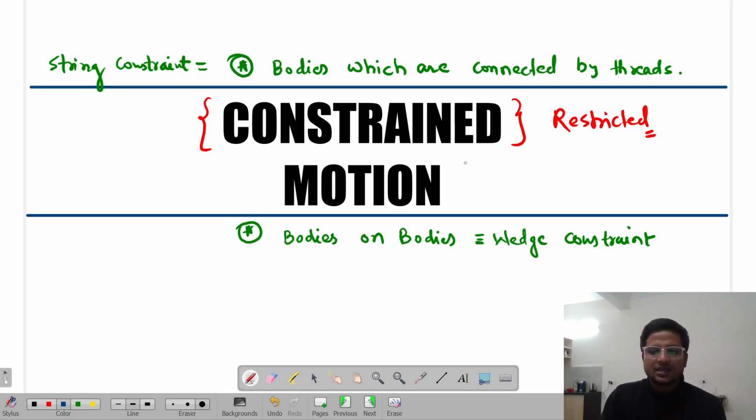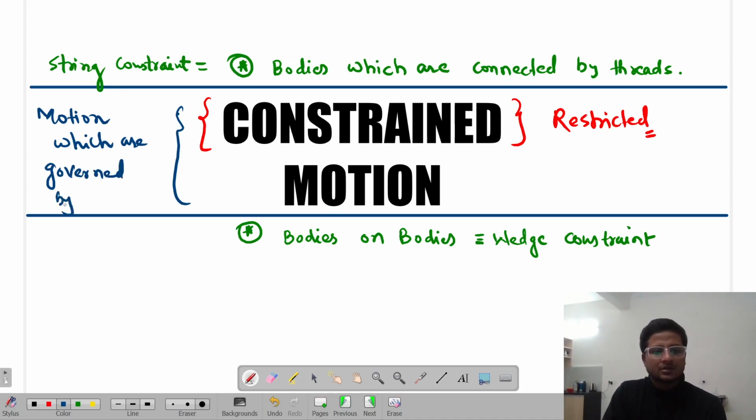So basically, motion which is contained by some kind of restrictions, you can say, is going to be called constrained motion. Those motions which are governed by some rules, and those rules are always followed.